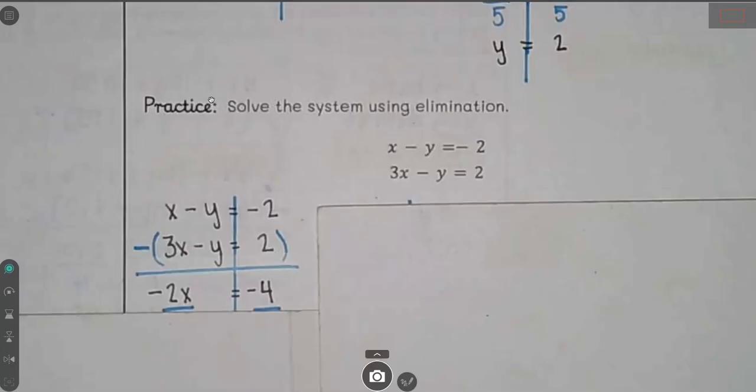Y is not 8. Do I put whatever X is into the... Yes, and I put it in whichever one. Your X was correct the first time. Okay, try that. We're going to give you guys one more minute.